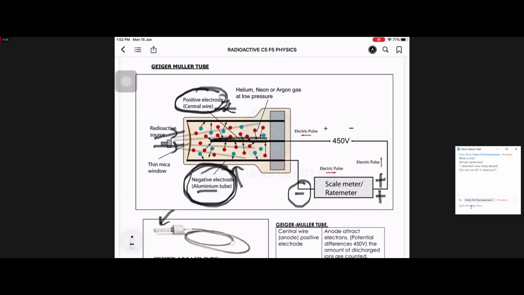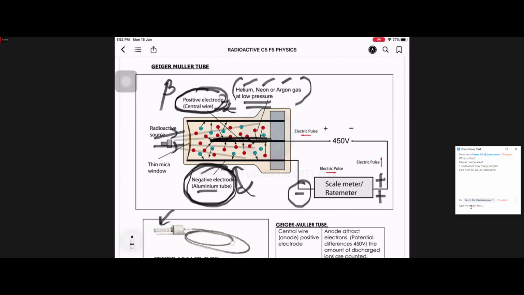Central wire will discharge the negative beta, alpha by the aluminum tube. And inside there is helium, neon, and argon gas at low pressure. Did you notice all these three are inert gases and they're supposed to remain neutral, remember?